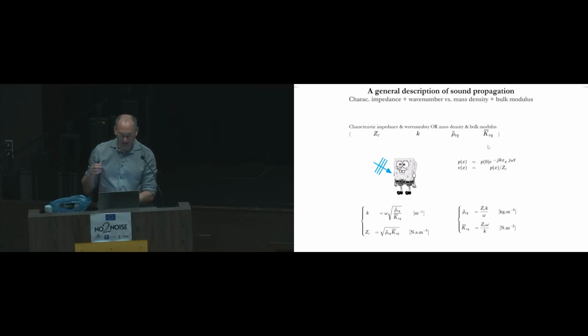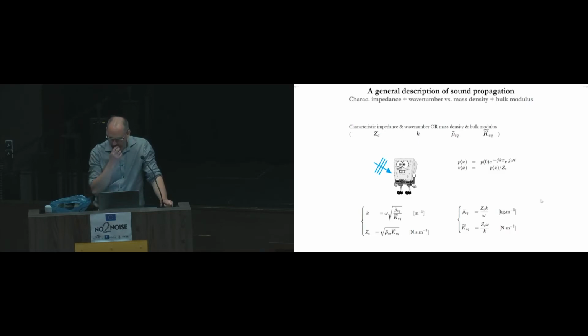In fact, rho and K give a general description of the sound propagation in porous materials. Maybe you are more familiar with the characteristic impedance, Zc, or the wave number, small k, but you can get the wave number and characteristic impedance from the mass density and the bulk modulus, and you can also get the bulk modulus and the mass density from the impedance and the wave number.